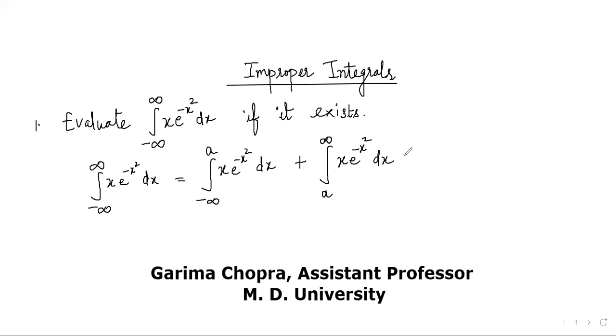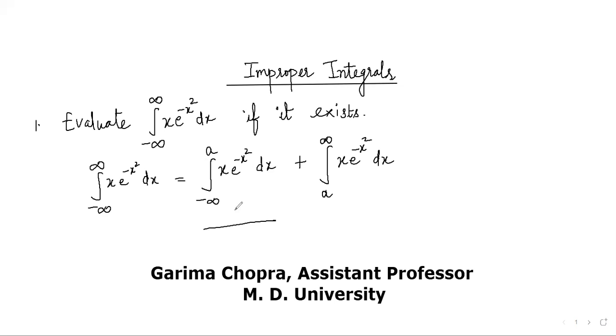Now let me give an idea of how we will be checking both of these improper integrals which are present on the right hand side. If I talk about the first one, the upper limit a is fine, but the lower limit is minus infinity.